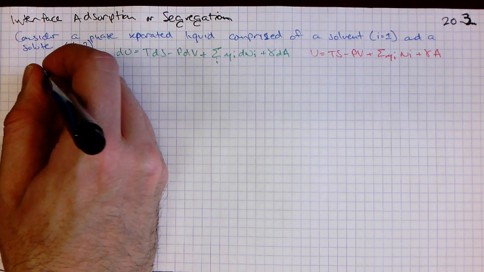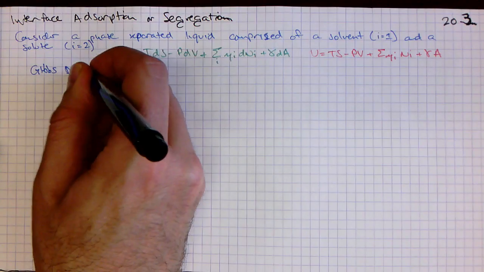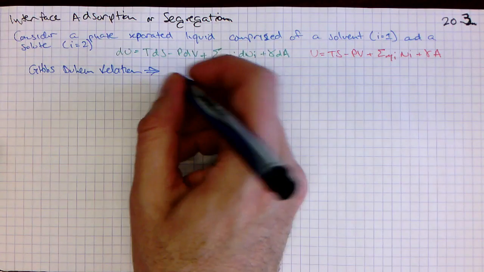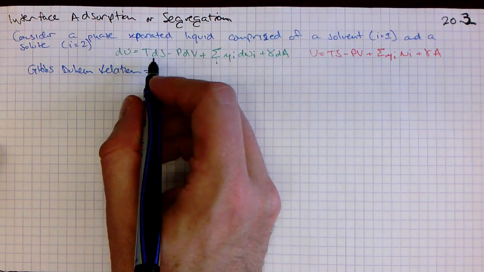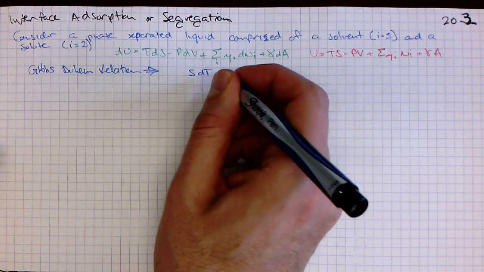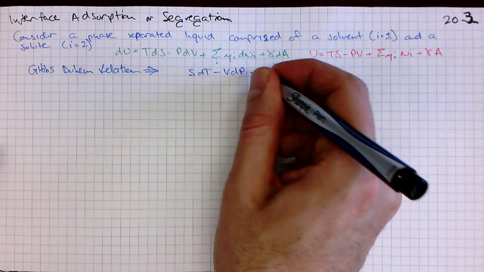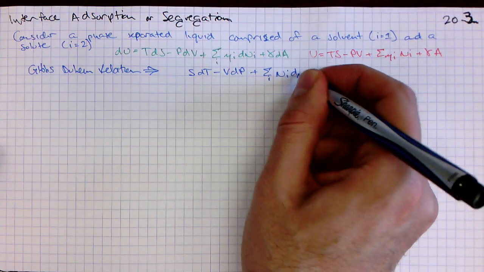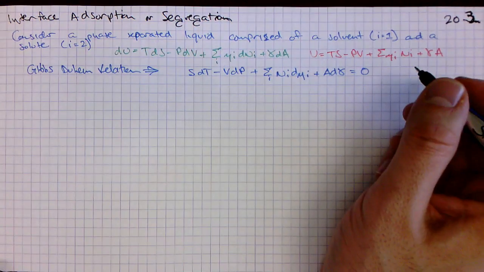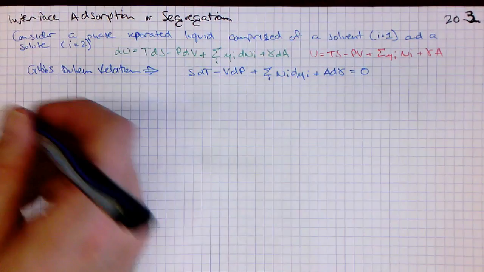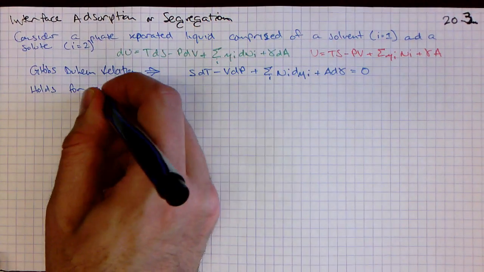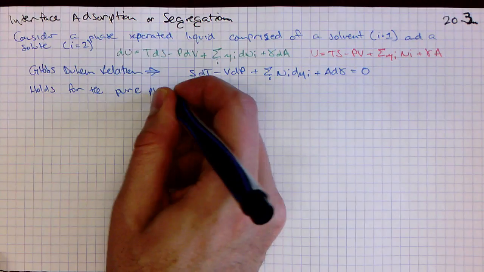So Gibbs-Duhem then tells us that for this to be true, for us not to have to worry about the T dS term, the V dP term, etc., S dT minus V dP plus sum over i N_i d mu_i plus A d gamma must be equal to 0. Okay. And that has to hold both for the pure phases, right?